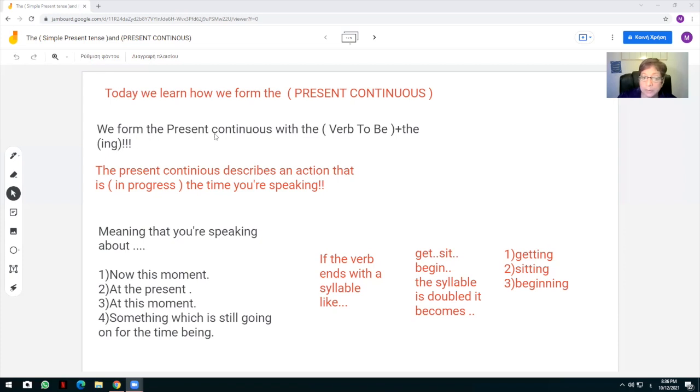So to make a verb in the present continuous, you always need the verb to be plus the ing.